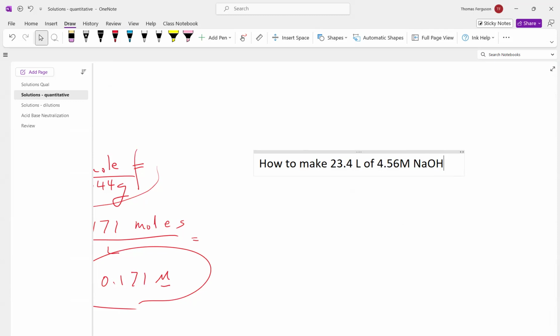Making up a solution with dry ingredients, we need to have a certain amount of grams of sodium hydroxide in so many liters of water. So how do you think we want to do that?